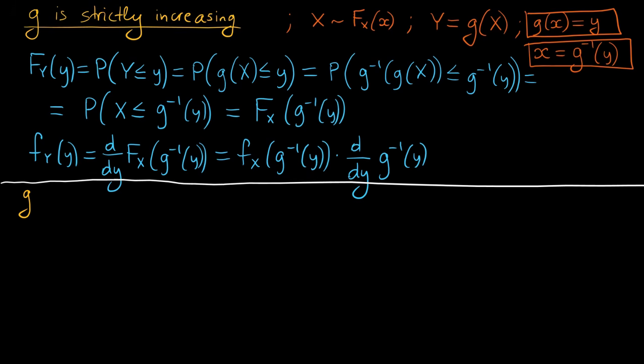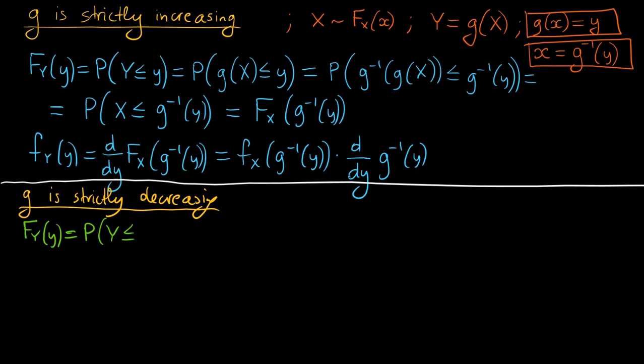Now, what about the case when g is strictly decreasing? When g is strictly decreasing, what is it that changes? We get the probability y is less than or equal to lowercase y. It's the probability that g of x is less than or equal to lowercase y.